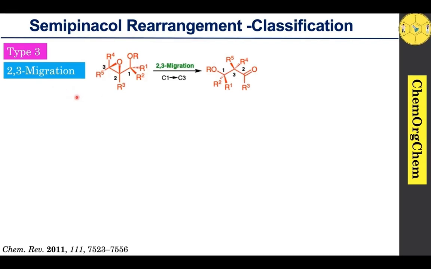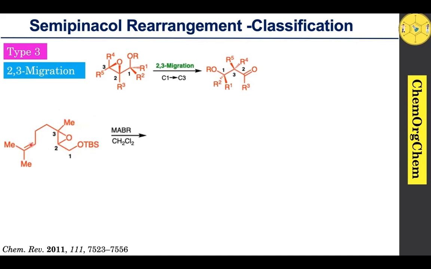In addition to that, the use of a sterically hindered Lewis acid sometimes triggers the rearrangement to go through a 2,3 migration sequence. So let's see some simple examples based on 2,3 migration.